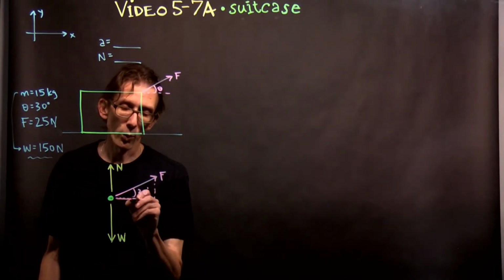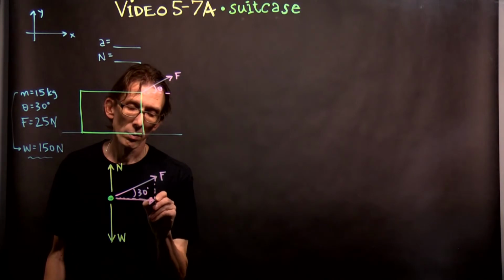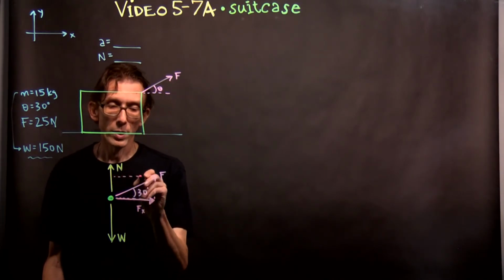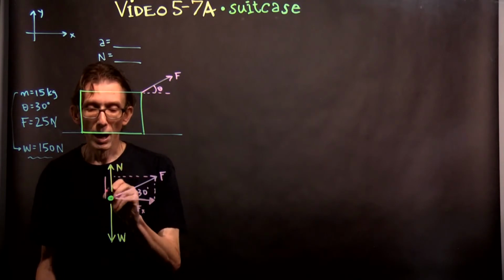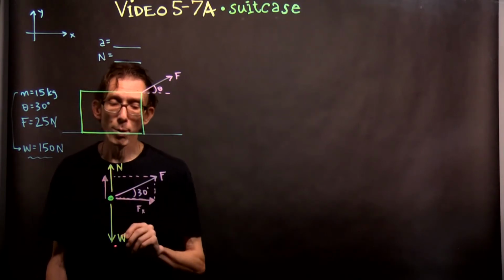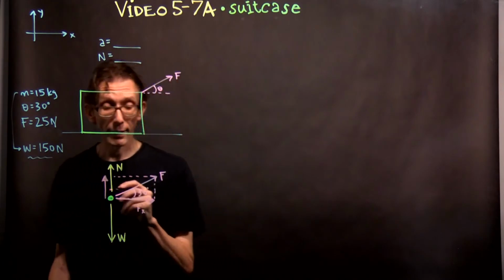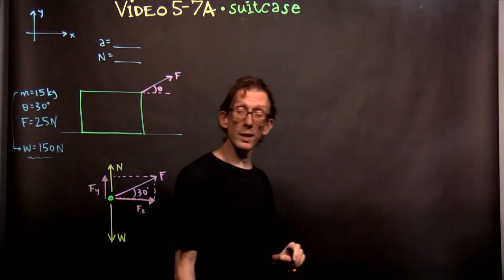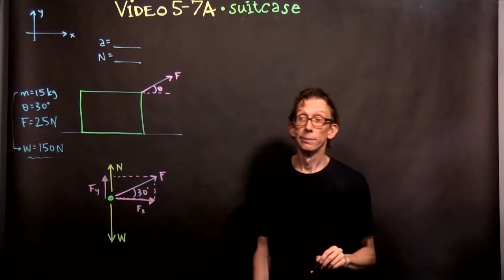There's going to be an x force here, F sub x, and there's going to be a y force here. We're pulling up and to the right, so there's going to be a component up and a component to the right. F sub y is the component up, F sub x is the component to the right.